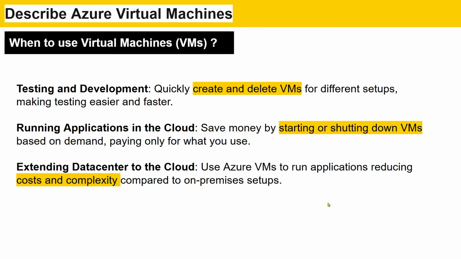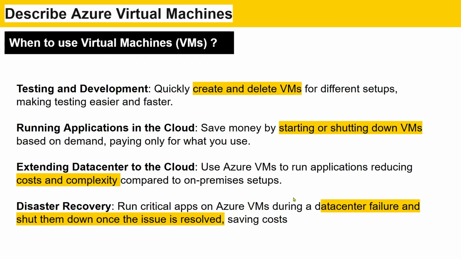Let's say I already have a data center where my application is running. Now use Azure VMs to run applications, reducing cost and complexity compared to on-premise setups. So you can think of shifting from your on-premise to a cloud data center. Disaster recovery. For example, this application has to run in my on-premise data center.